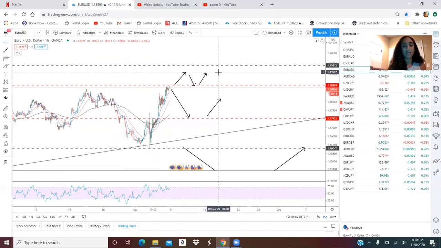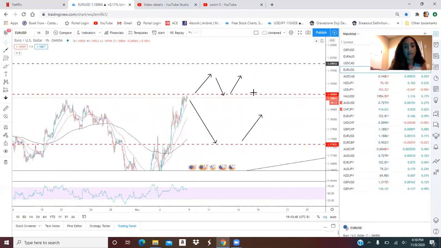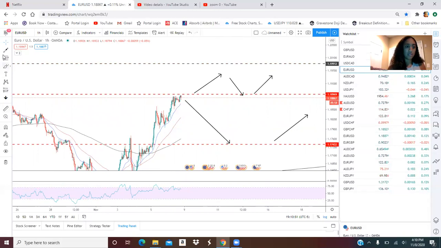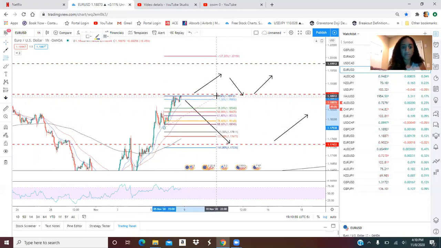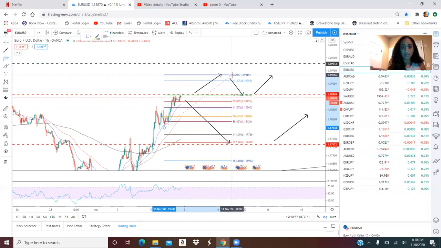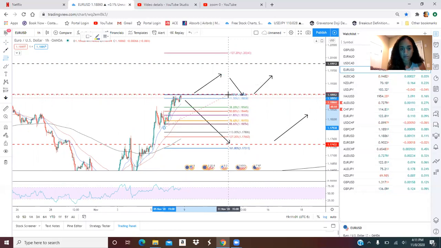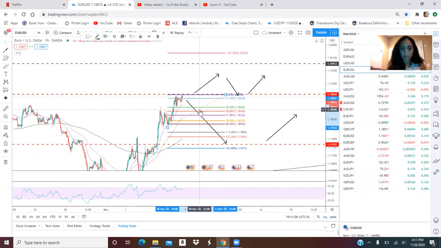So for me, if it comes past this level right here and comes back up for a retest, let's pull up the fib, right? Take this fib. Say it comes up here. This is the 50%.